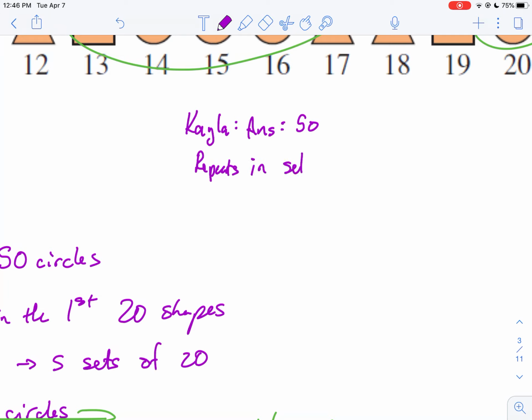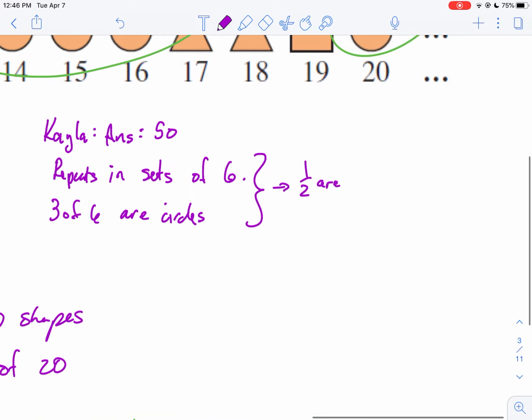So she's saying it repeats in sets of 6. 3 of the 6 are circles. So half the shapes are circles.